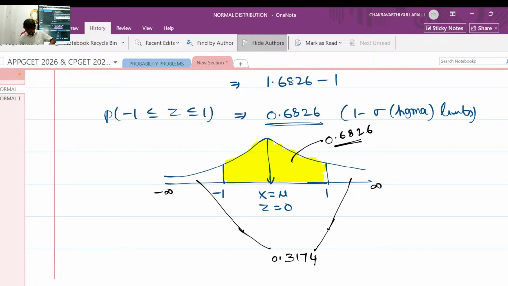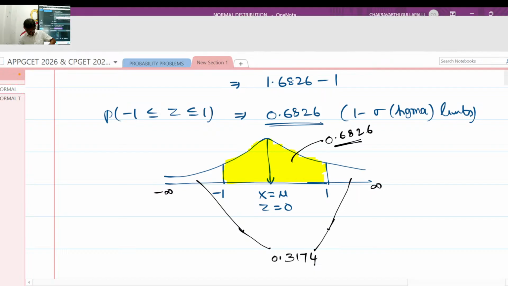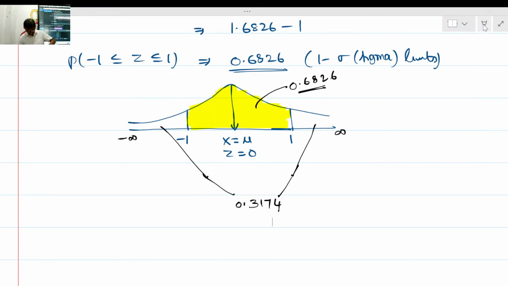Now the areas from minus infinity to minus 1 and from 1 to infinity are both the same. Remember this point. The left side area from minus infinity to minus 1 and the area from 1 to infinity are both equal.